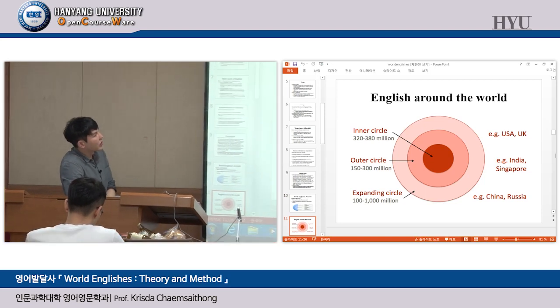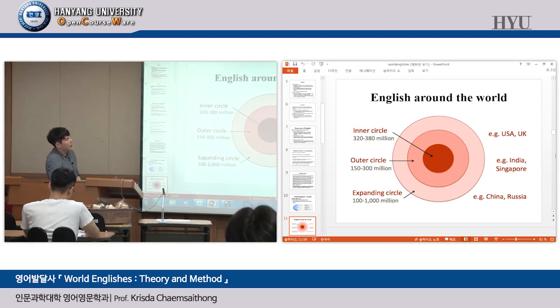The inner circle has about 320 to 380 million, which is this center. And as you go outward, we have 150 to 300 million here, and then the expanding circle, 100 to 1,000 million, like that.